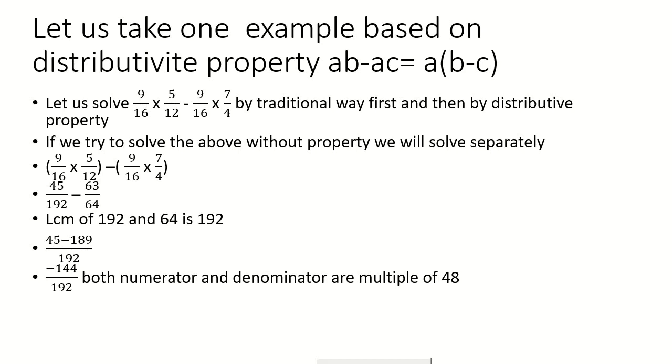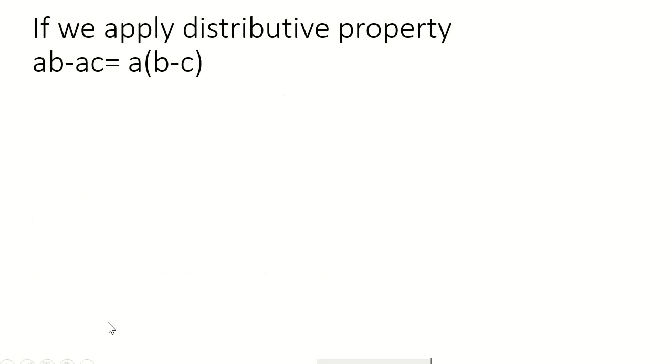As 144 and 192 both are multiples of 48, so we divide them both by 48, which is also not an easy thing. So as compared to this, when we apply the distributive property, you will observe. So we have the answer in the simplified form as minus 3 by 4.